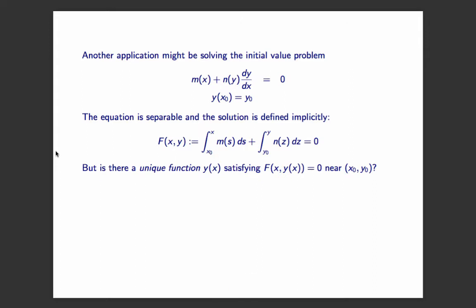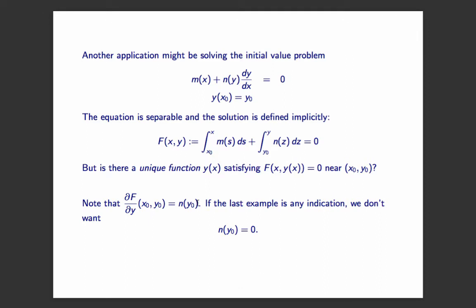But is there a unique function y of x satisfying that this expression, which we're going to name big F, is equal to 0 near my initial condition? Well, note that if I take the derivative of this expression with respect to y and evaluate at my initial value, I get N of y naught. So if the last example is any indication, we don't want N of y naught to be 0.